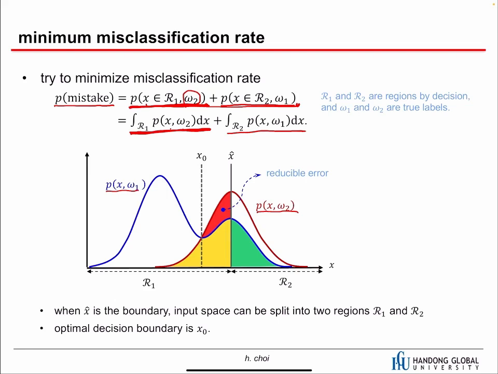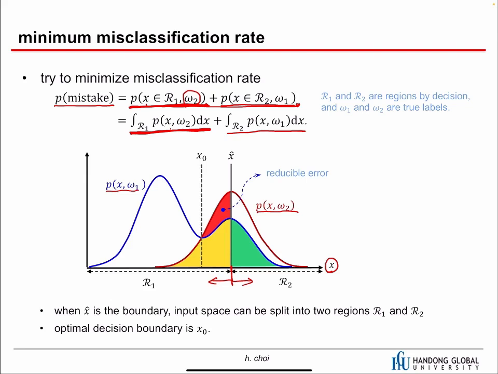In this case, X is a scalar. In this figure, the model says the classification boundary is here. If X is here, then the model says this is class 1. If X is here, then the model says this is class 2. So in this case, let's calculate the misclassification rate.